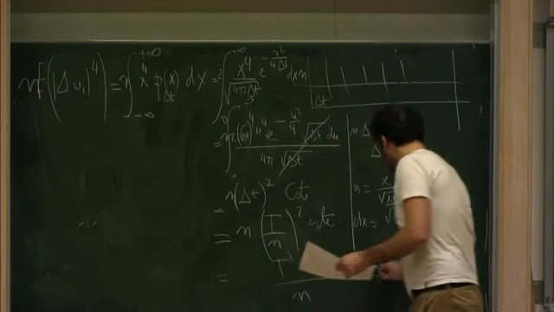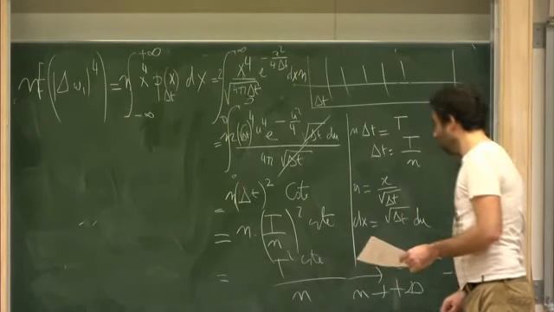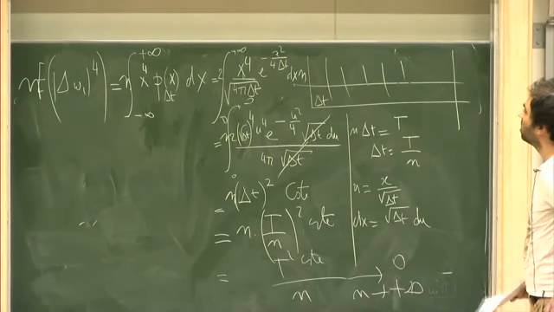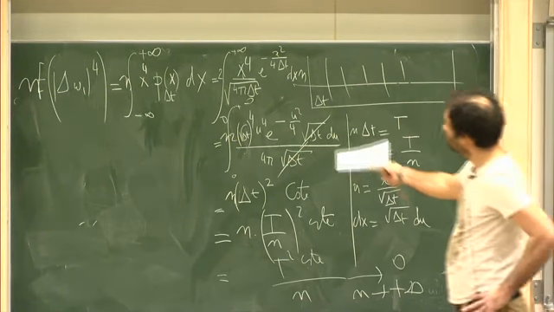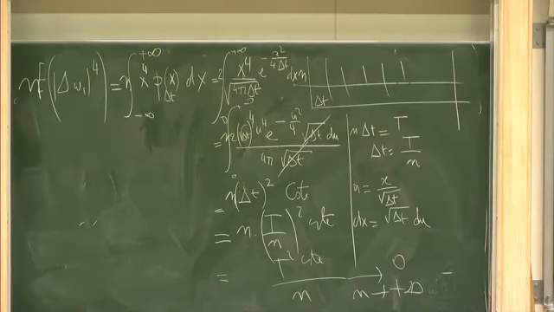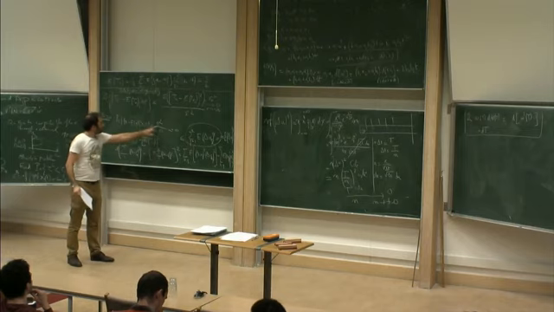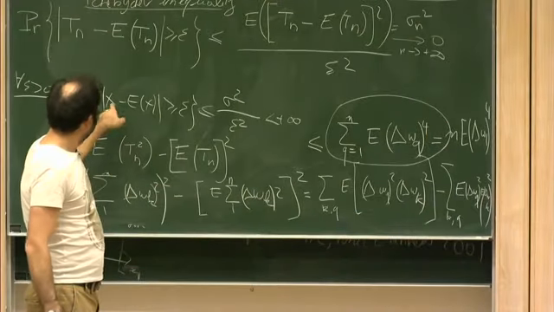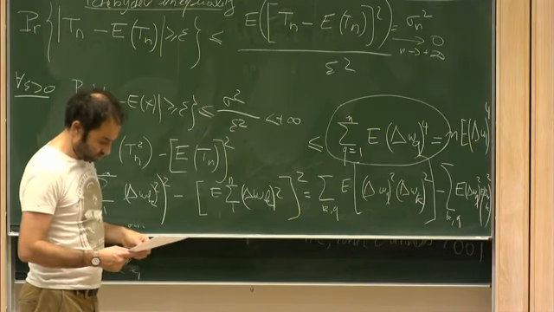And this goes to 0 as n goes to infinity. All right? I think we are done. This is the inequality, so this is okay, and this goes to 0 as n goes to infinity, which shows that in probability we have this convergence.